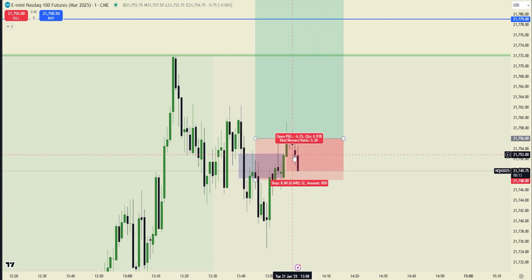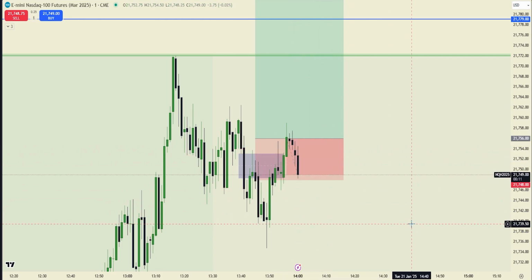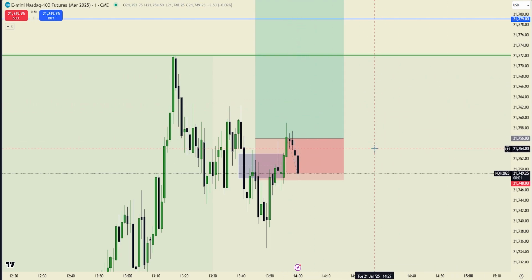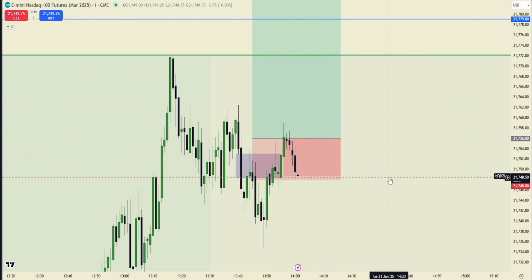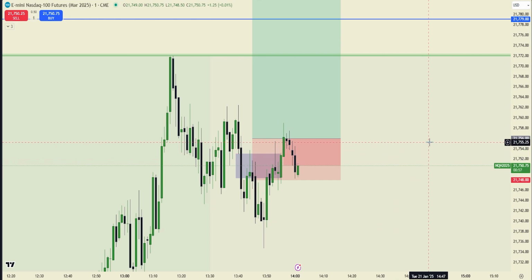Probably less than half the time, right? Typically these inverses should just shoot to the next high pretty instantaneously. So when you don't see that, you kind of expect these things to happen.